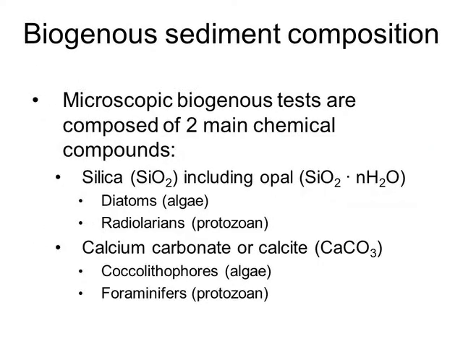All right, so microscopic, you have two main types. You have the ones that are made out of silica, and you have the ones that are made out of calcium carbonate. The silica-based ones are from organisms like diatoms and radiolarians. And your calcium carbonate ones are made from coccolithophores and foraminiferas.